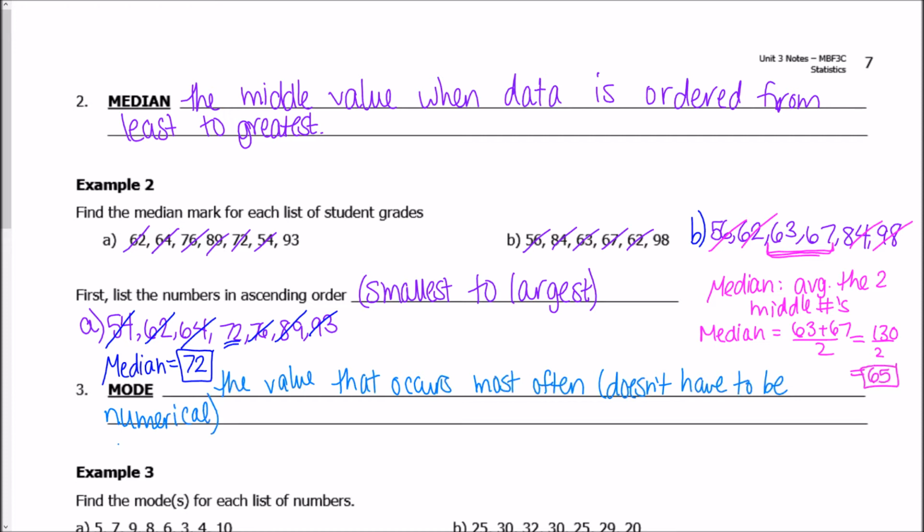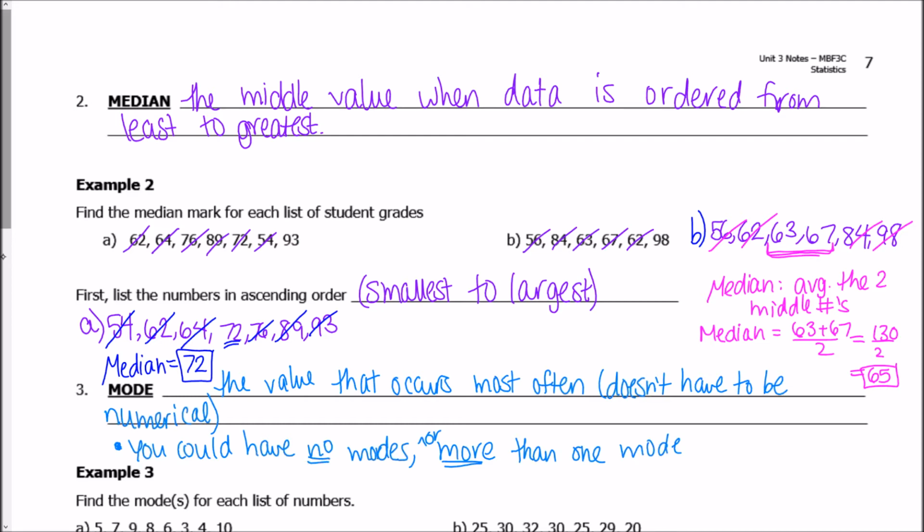Okay, and it's possible that you could have no modes. Or it's also possible to have more than one mode. Generally, we have just a mode, but sometimes we'll have no mode and sometimes we'll have more than one mode, okay?